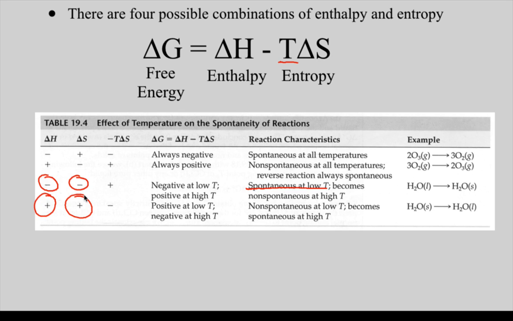So if the entropy thing is good, we've got to heat this thing up to get more good to overcome bad thermic. So this becomes spontaneous at high temperatures, and at low temperatures it's non-spontaneous. So this thing we've got to heat up to make spontaneous. Do you understand the logic?